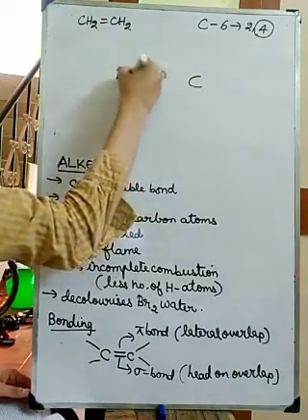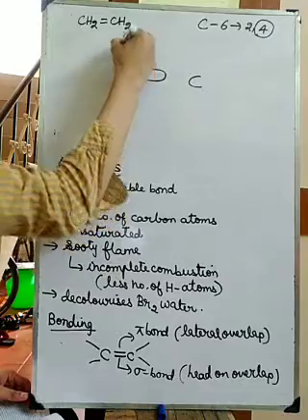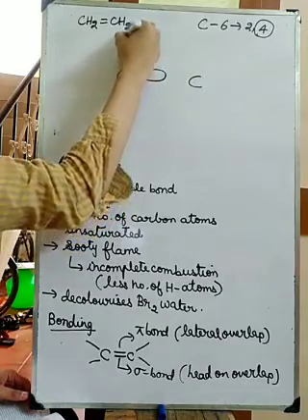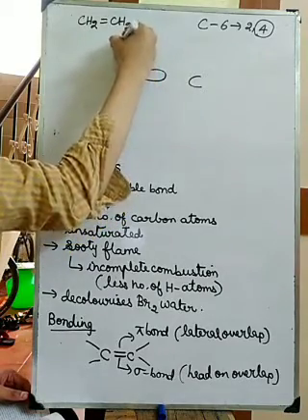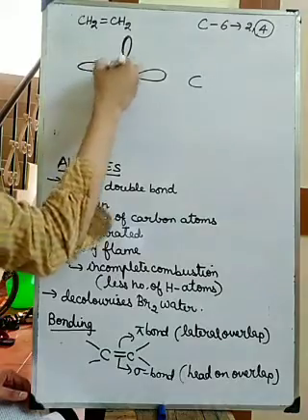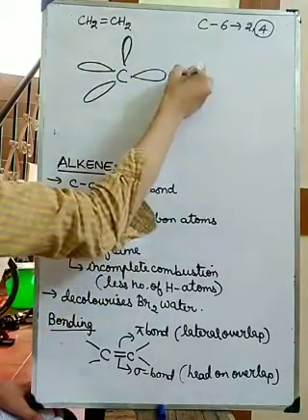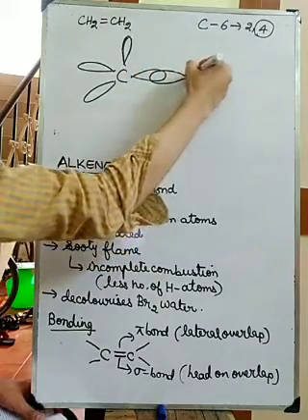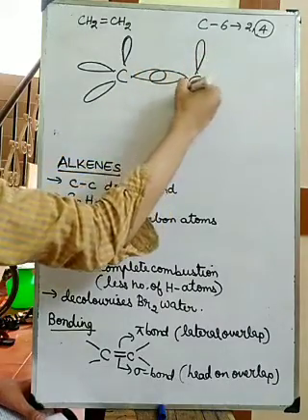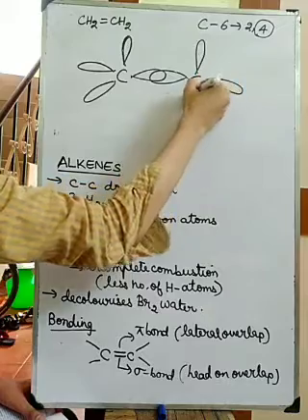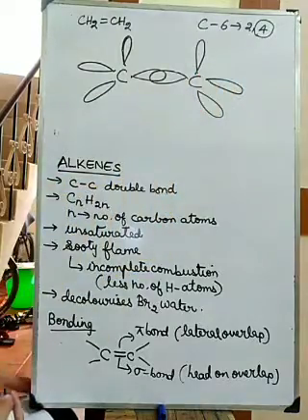One orbital I am drawing like this, another orbital like this, and the remaining 2 orbitals like this. For this carbon also, one orbital like this, another like this, and the remaining 2 orbitals like this.